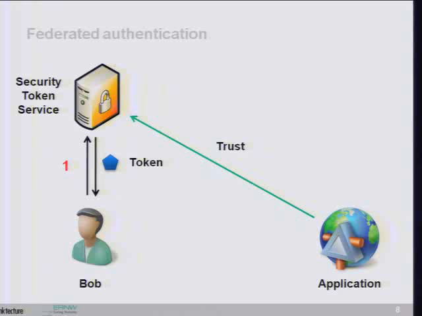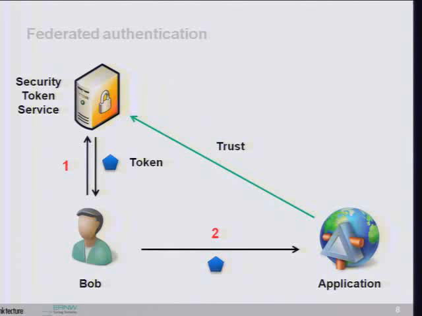And then he, in return, gets a thing called a token. This token is typically signed, and then he can send this token on to the application, and because of the signature, the application can find out if it trusts the token.